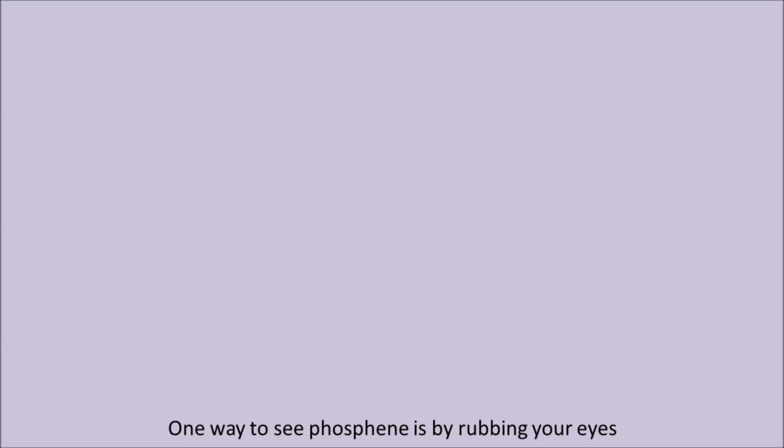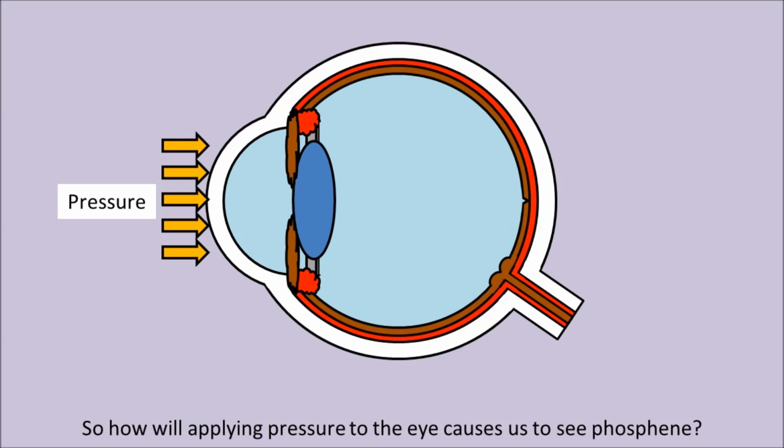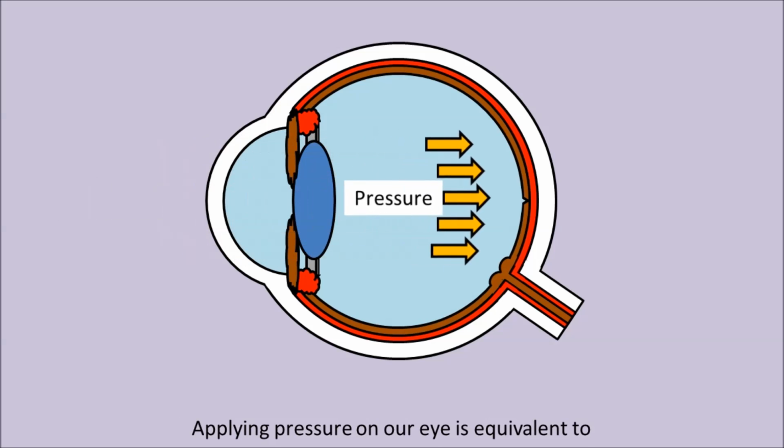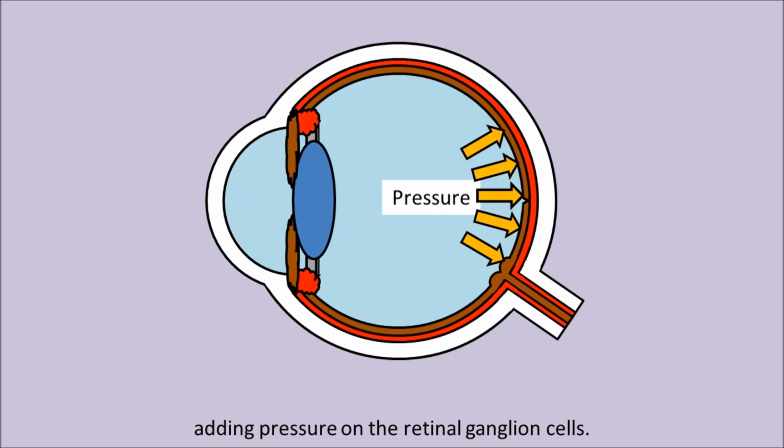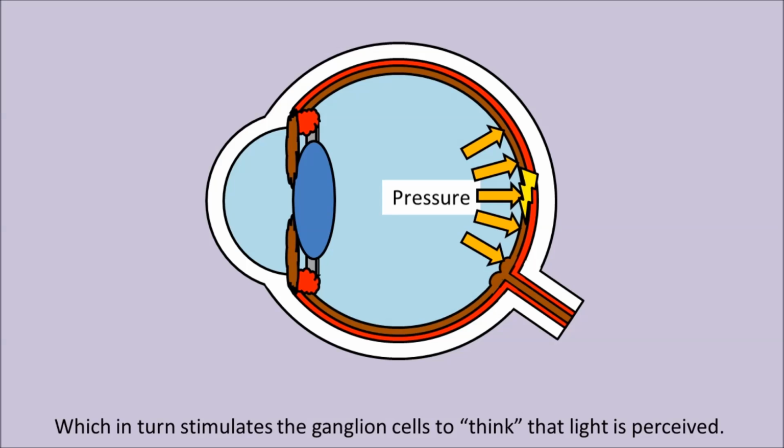One way to experience phosphene is by rubbing your eyes, or by applying pressure with your eyes closed for a while. So how does applying pressure to the eye cause us to see phosphene? Applying pressure on our eye is equivalent to adding pressure on the retinal ganglion cells, which in turn stimulates the ganglion cells to think that light is perceived.